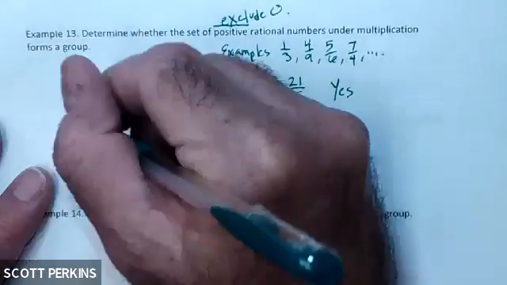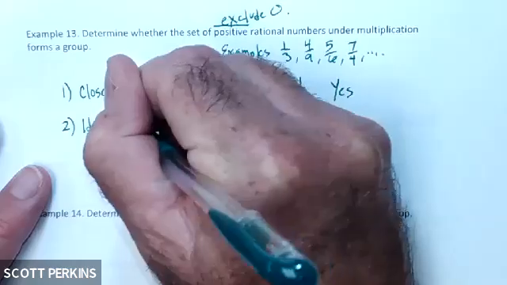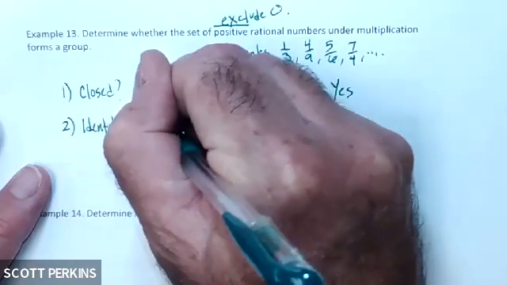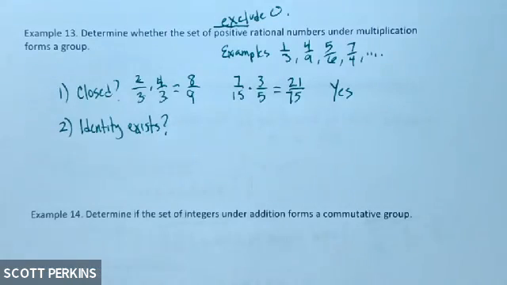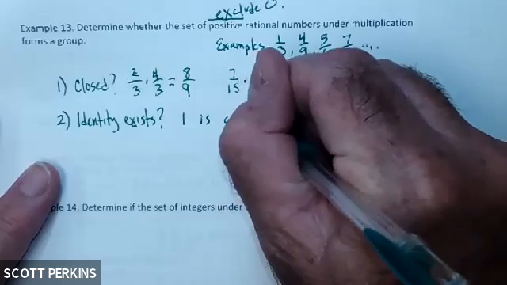All right, step 2. Does the identity exist in the set? Well, as I'm writing this down, what's the identity for multiplication? 1, we already know that. Is 1 a positive fraction? Yes, 1 can be written as 1/1. So 1 is a positive rational.